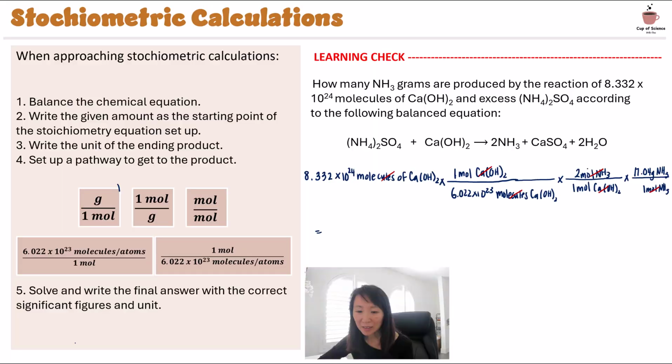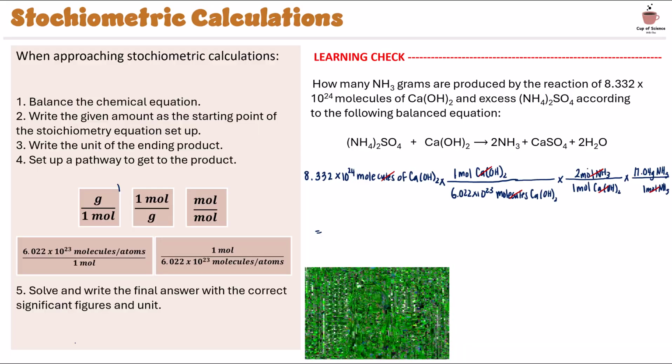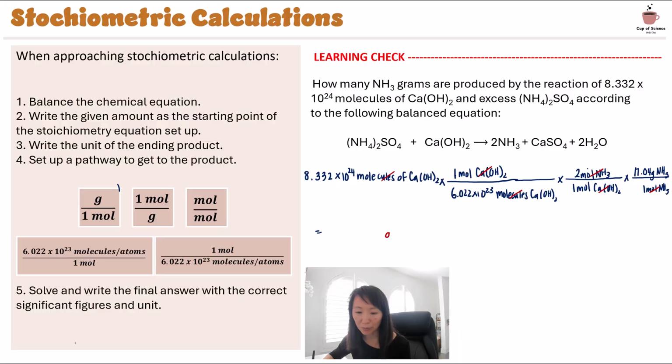I took the molecules of calcium hydroxide, used the Avogadro's number and placed it here to cancel out the molecules of calcium hydroxide. Then I used the mole to mole ratio to get to the moles of NH3. Finally, I used the molar mass in grams per mole to get to the grams of NH3. And that's what I'm looking for. I'm looking for the grams of NH3.